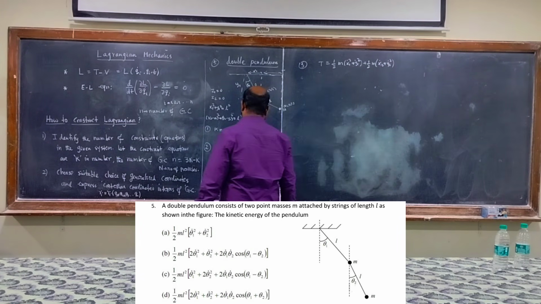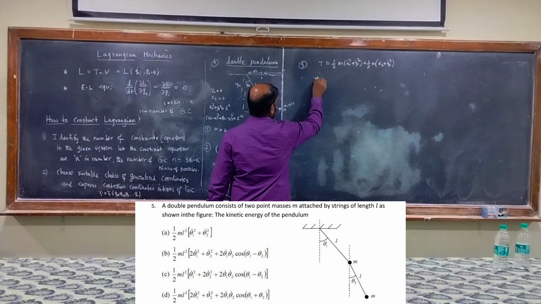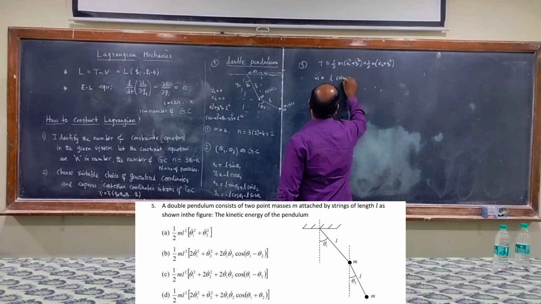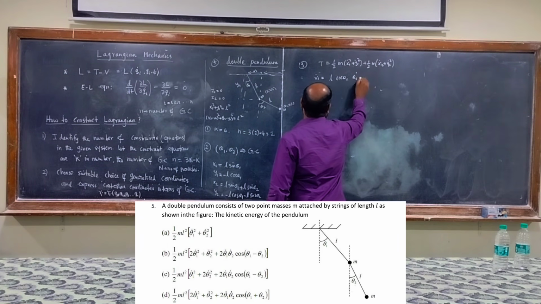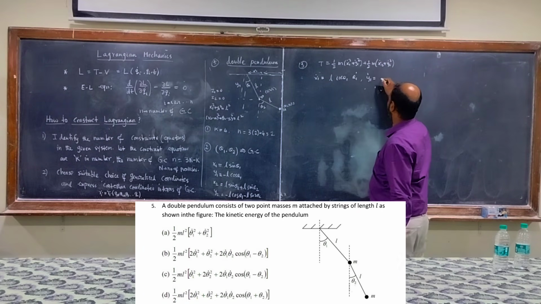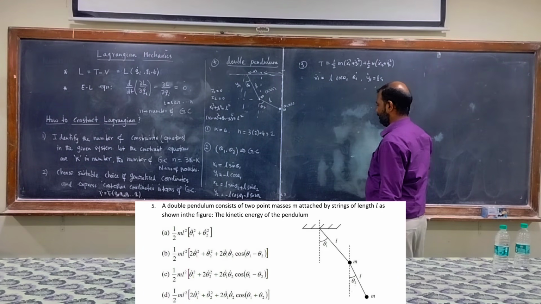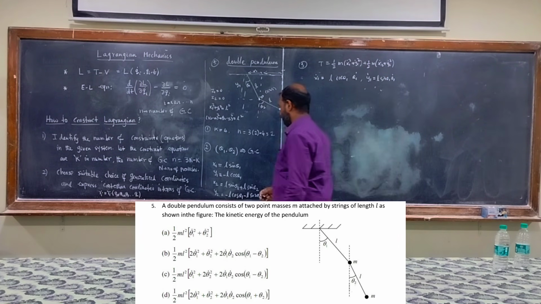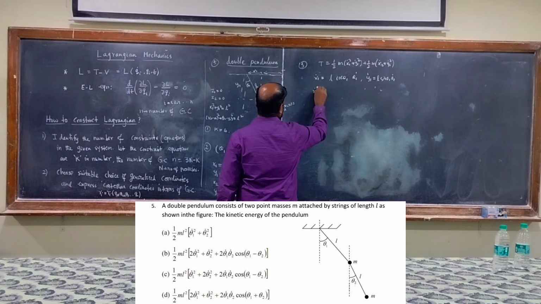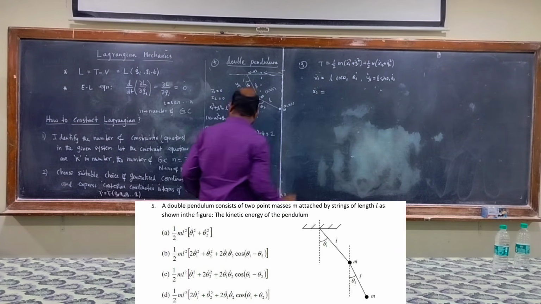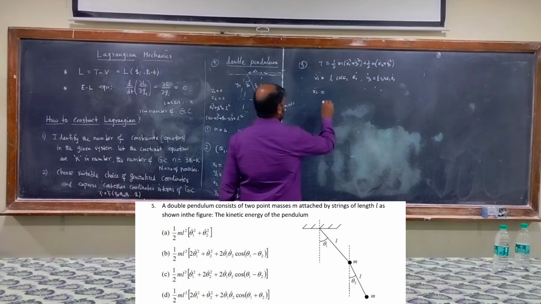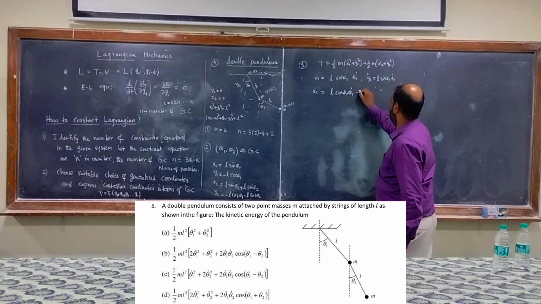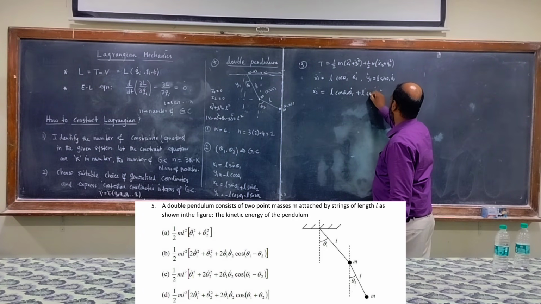But now find out what is x1 dot. x1 dot is L cos theta 1 theta 1 dot, and y1 dot is L sin theta 1 theta 1 dot. Very good. Now x2 dot is L cos theta 1 theta 1 dot plus L cos theta 2 theta 2 dot.